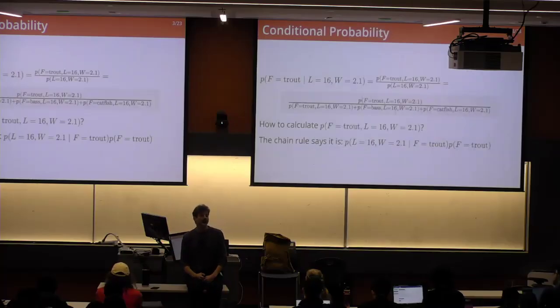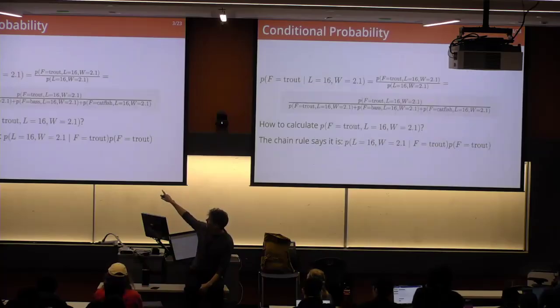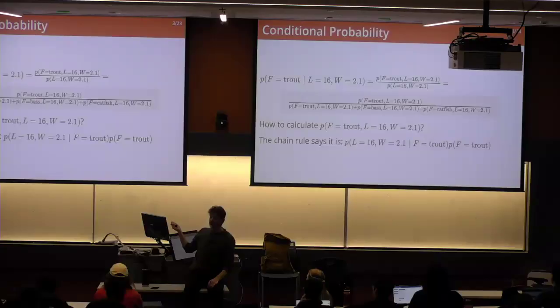If we're doing this, we're going to use the definition of conditional probability. That is, the probability that it's a trout, given that it's got this length and this width, is the probability that it's a trout and it's got this length and this width, over the probability that a random fish pulled out of the lake has a length of 16 and a weight of 2.1. I was told that I'm not very visible when I point, so I'm talking about this formula here.